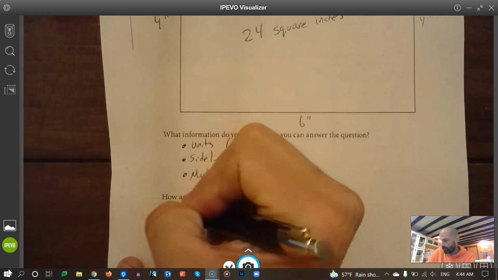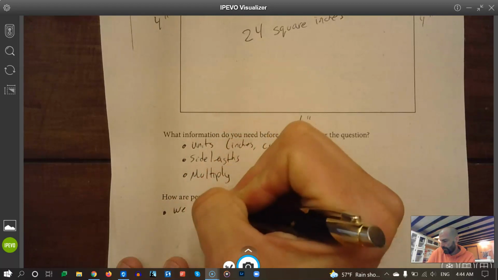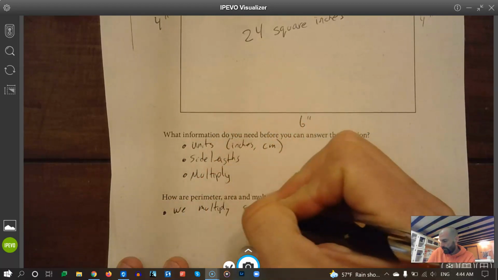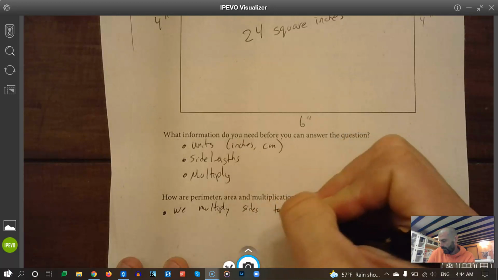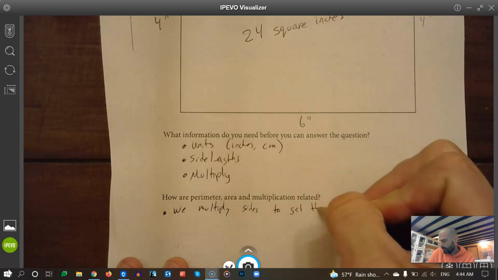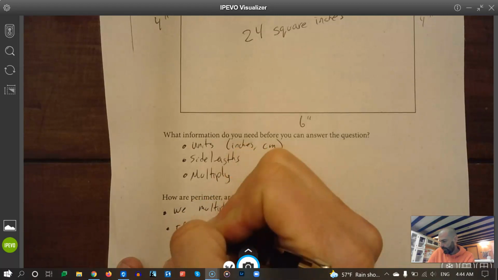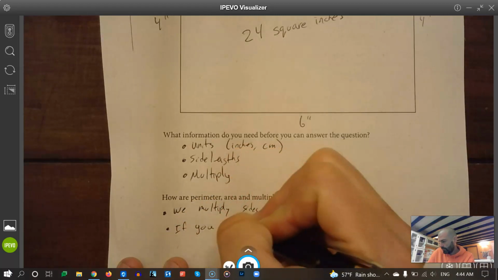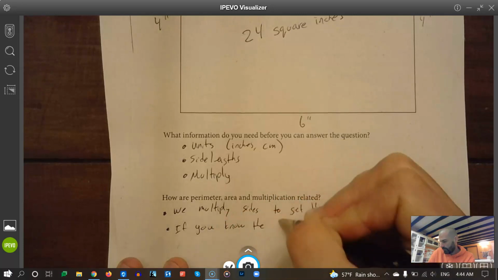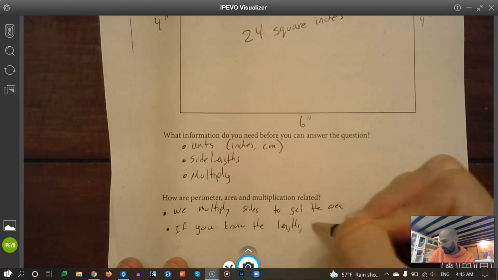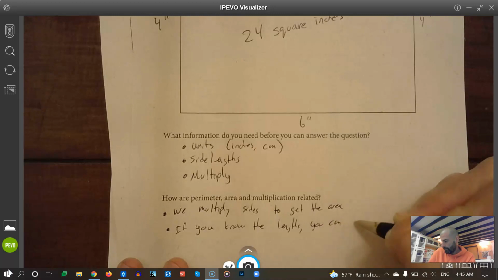All right, so we multiply sides to get the area. If you know the sides, you can find the perimeter.